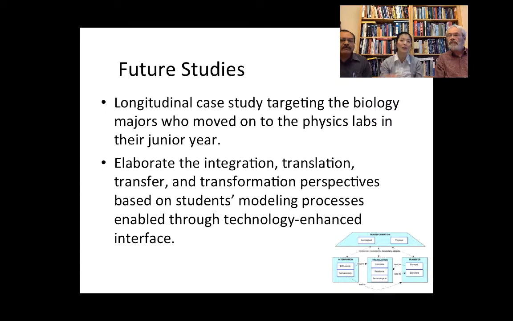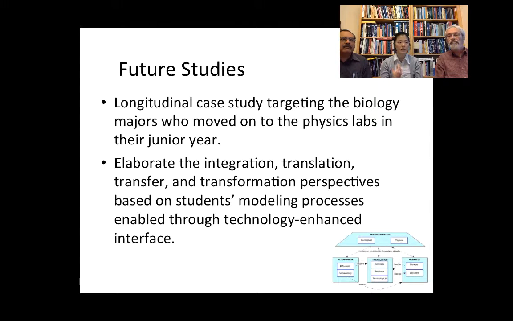We hope that we can elaborate this framework with the integration, how the translation works, and the transfer of their knowledge. And ultimately, hopefully, students will be able to apply whatever knowledge they retain to different contexts in their real life by means of the technology-enhanced interface.